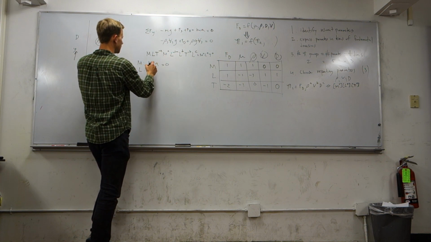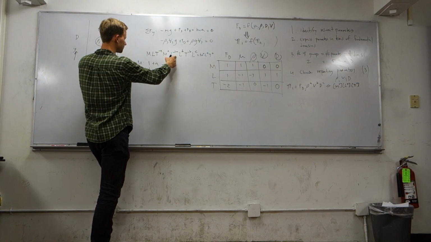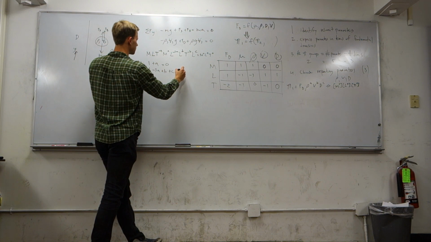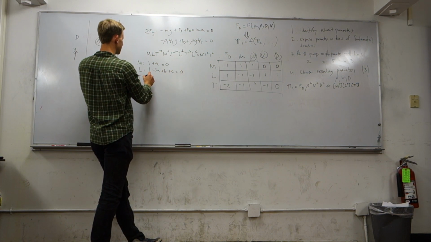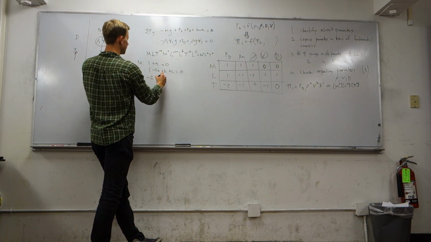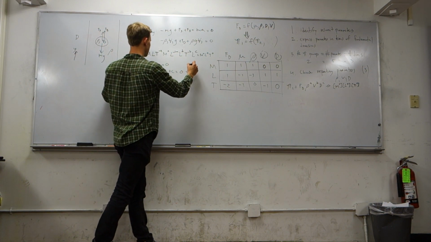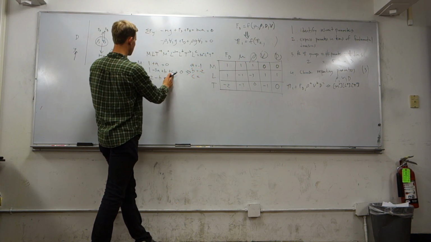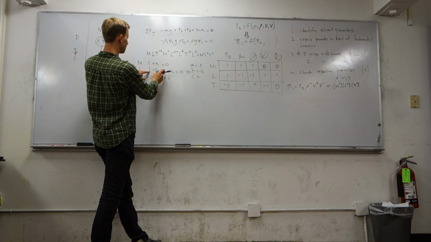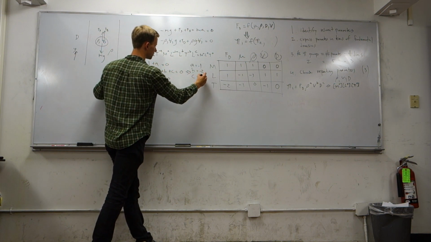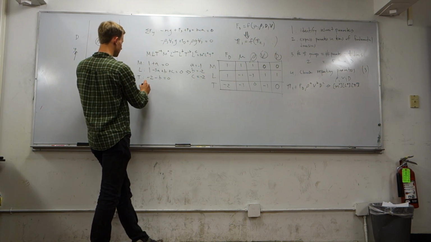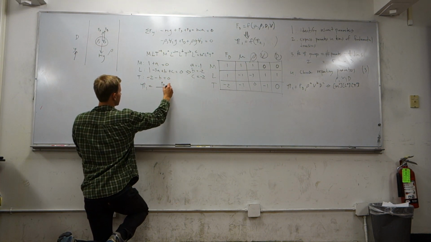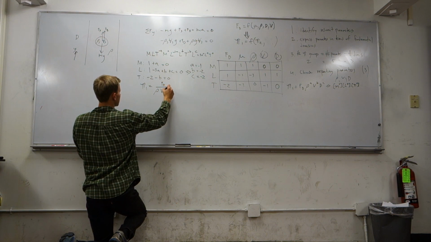For length, I have 1 minus 3a plus b plus c equals 0. And then for time, I have negative 2 minus b equals 0, which yields a equals negative 1, b equals negative 2, and c equals 1 minus 3 is 4, minus 2 is 2, minus that is negative 2, which means that my pi group is equal to F_D divided by rho v squared d squared.